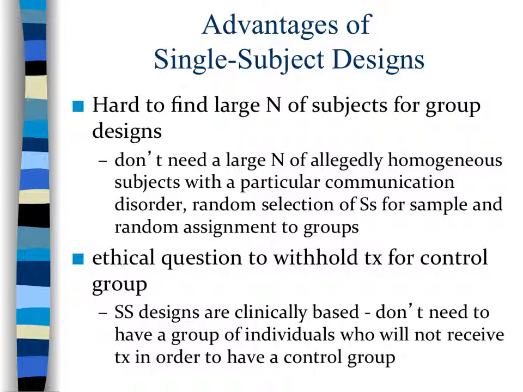So once again, if you have a control group, you're not really providing the control group with an intervention, and there's this whole piece about whether it is ethical, because if you think there's an intervention that can help students, is it ethical to keep the treatment away from some students just because you want to conduct research? In single subject design, we overcome that shortcoming because the student or the individual serves as their own control group.